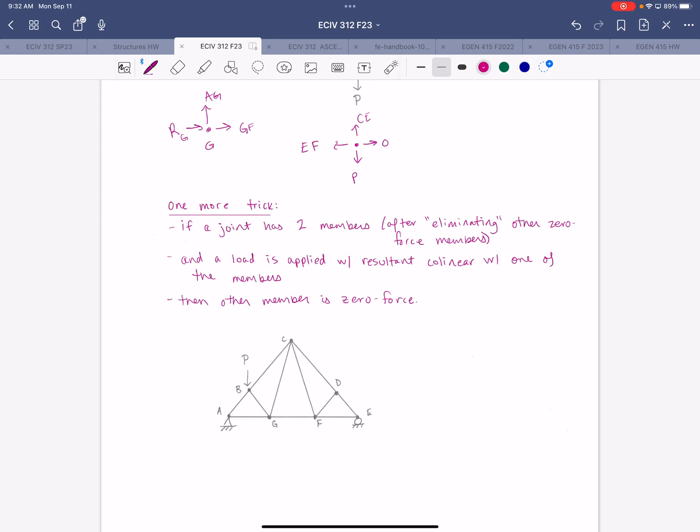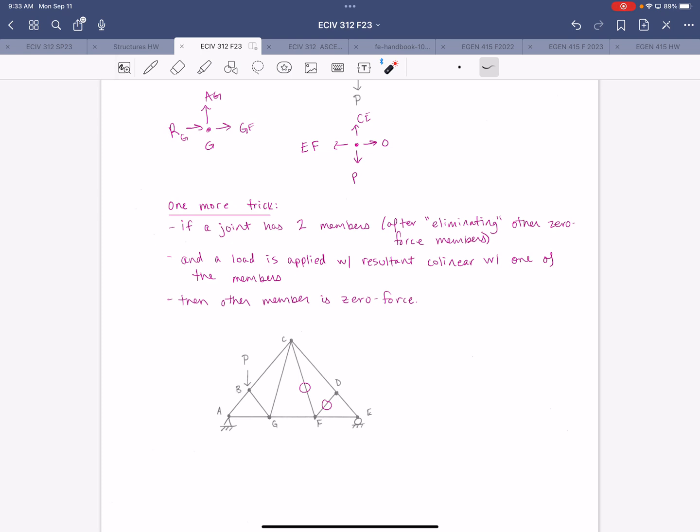Over on the right side of the truss, looking at joint D, we can find DF as 0 force. Once we identify that one, what's the next one we can pick out? Yeah, so once DF is the 0 force, then joint F becomes that type 1 joint, so CF.